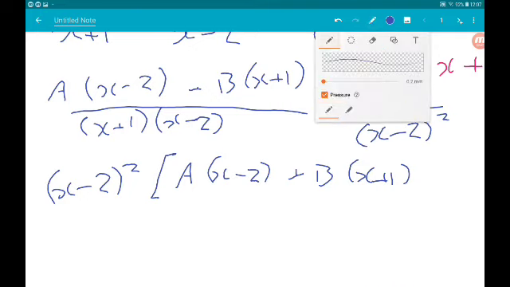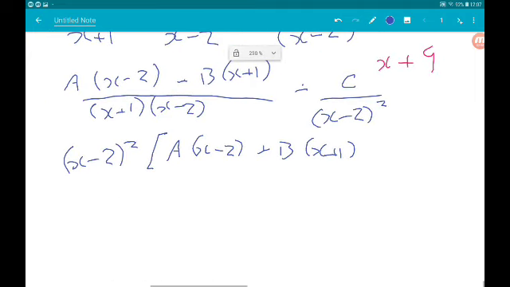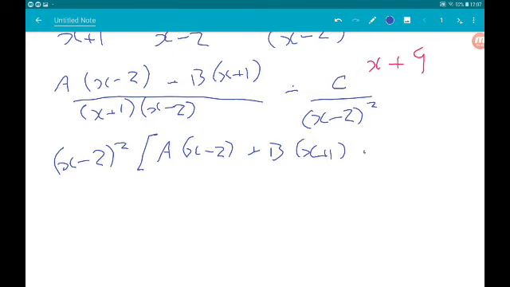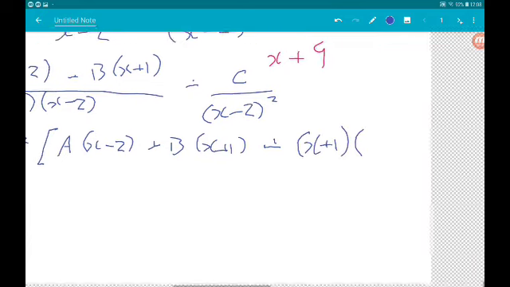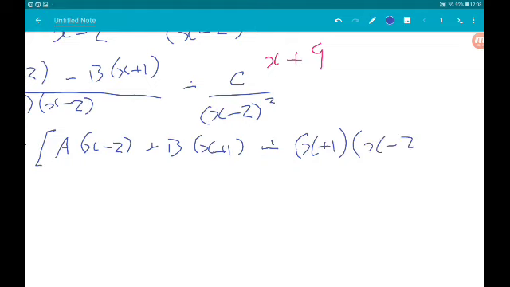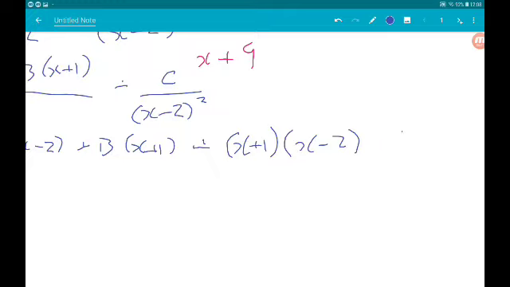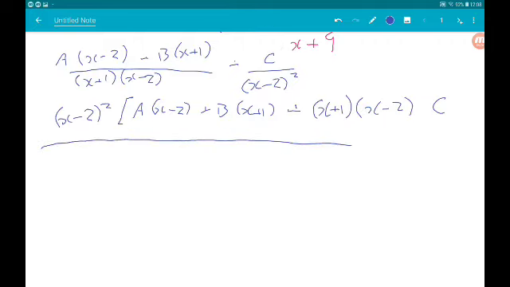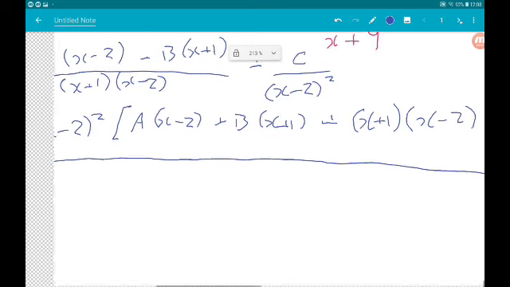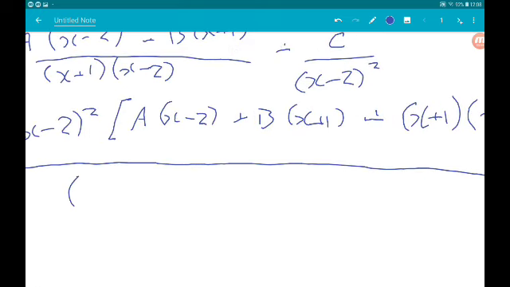And then the bottom of the first multiplies the top of the second, so we get plus x plus 1 times x minus 2 lots of C, all over the 2 bottoms multiplied together, so x plus 1 times x minus 2 cubed.